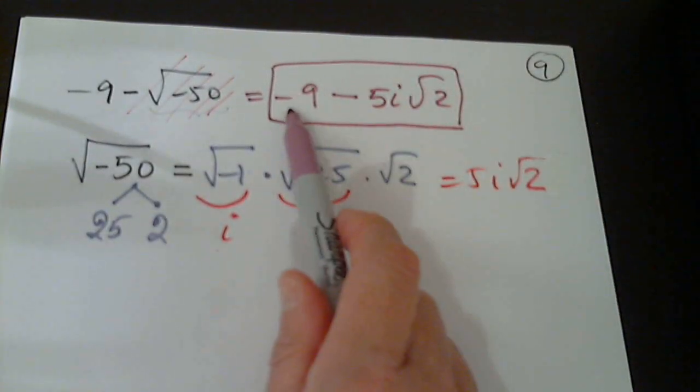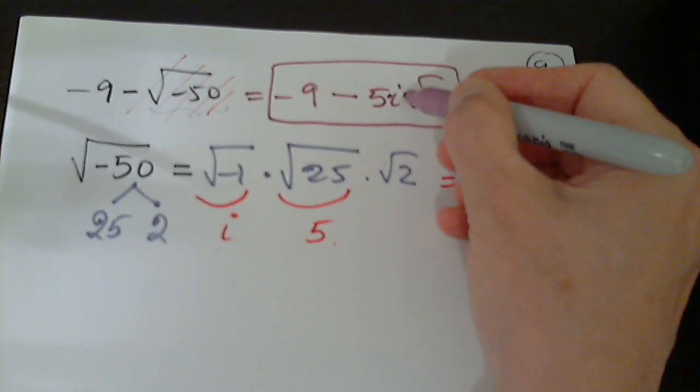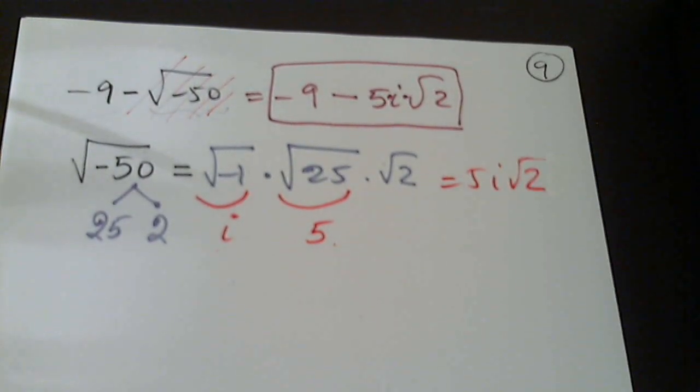Remember, you cannot combine negative 9 with negative 5 because negative 5 is multiplied. By the order of operations, we multiply first and then add, subtract. This is it. It's carved in stone. You cannot do anything else here.